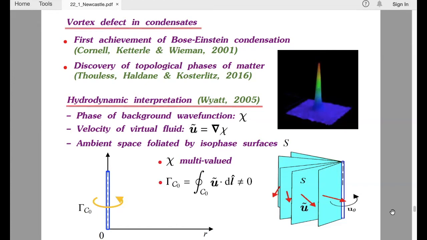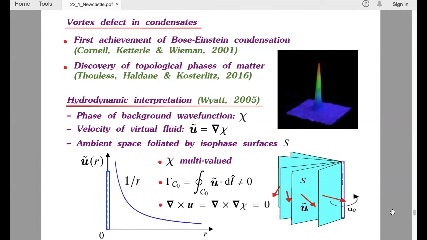and there is circulation. The fact now is that this velocity can go to infinity because it is a nodal line, is no longer a vortex finite tube. So this puzzles people. And the problem is evidenced by the fact that the curl of u being grad chi, is 0.